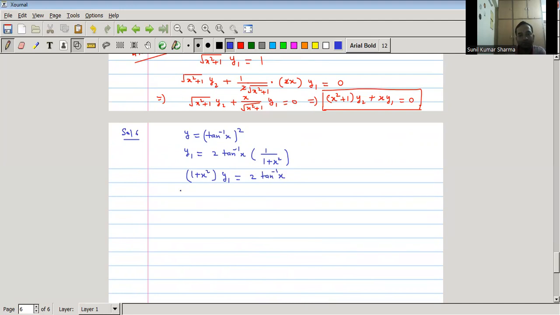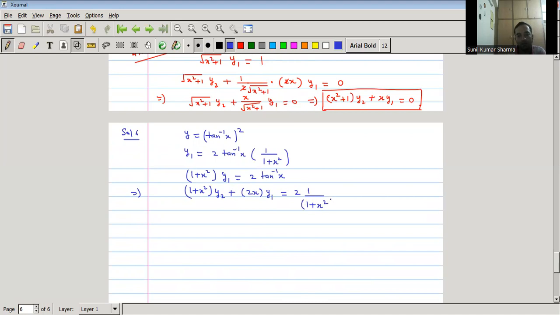So now again differentiate the above equation both sides with respect to x, we get 1 plus x square, derivative of y1 is y2, plus the derivative of 1 plus x square is 2x, y1, that is equal to 2, and the derivative of tan inverse x is 1 upon 1 plus x square.